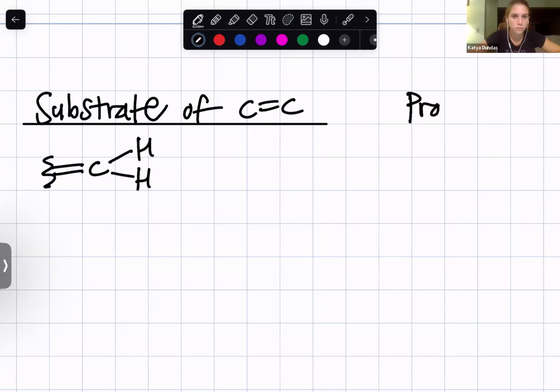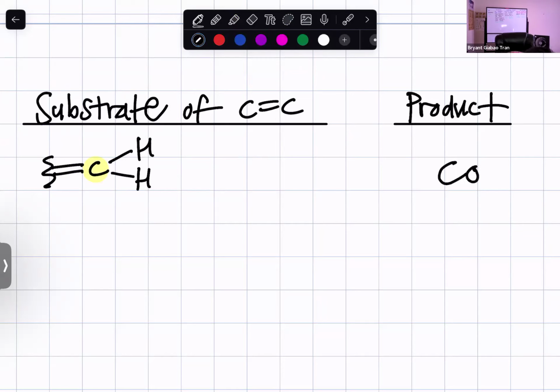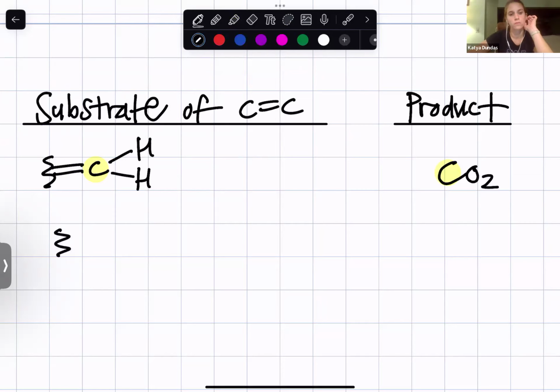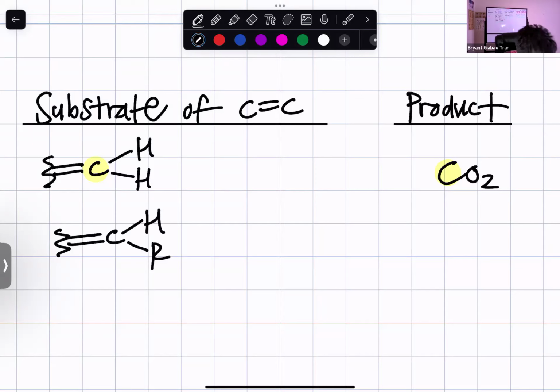And then the product: this carbon here is going to be the carbon of the carbon dioxide. Let's say we had this carbon attached to 1 R group, 1 H. Then it makes the carboxylic acid, right?